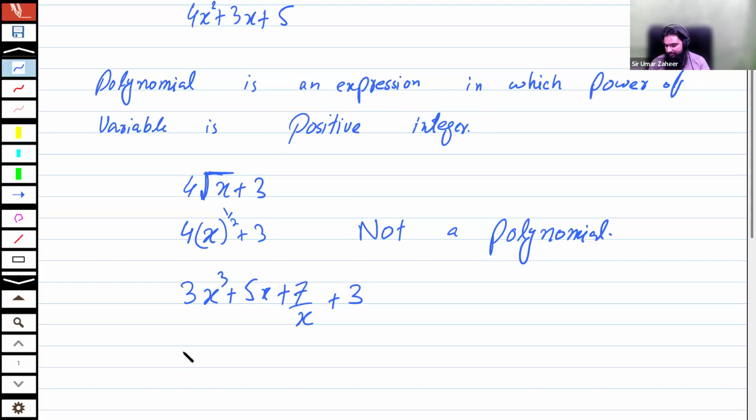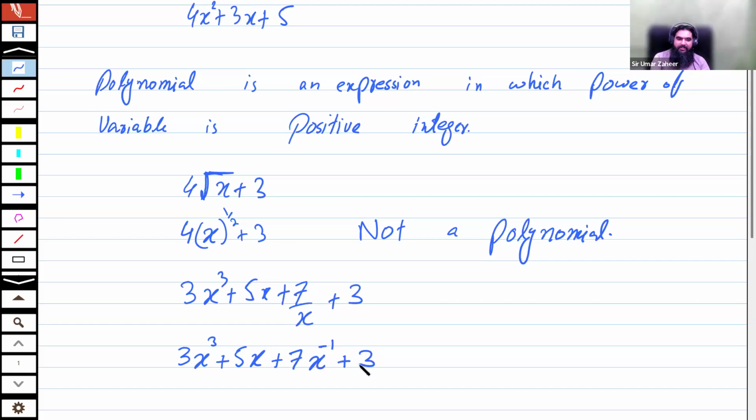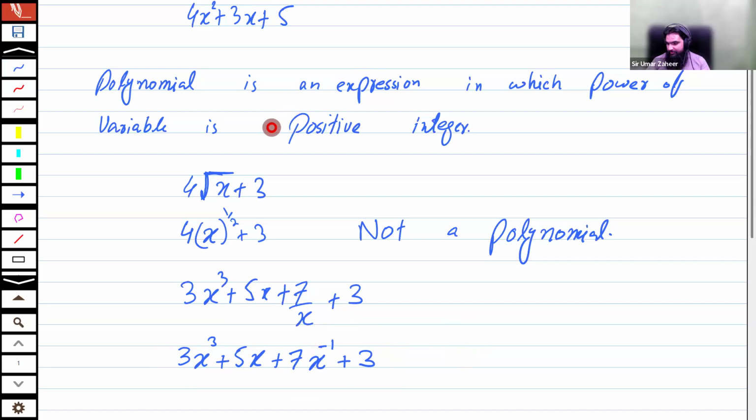So first of all, we have to rewrite the variable into the numerator. So you will get x raised to power minus 1 plus 3. Now tell me, is it a polynomial? We have to say that the power of the variable is a positive integer, and in this part you will get a negative 1. So is it a polynomial? No.